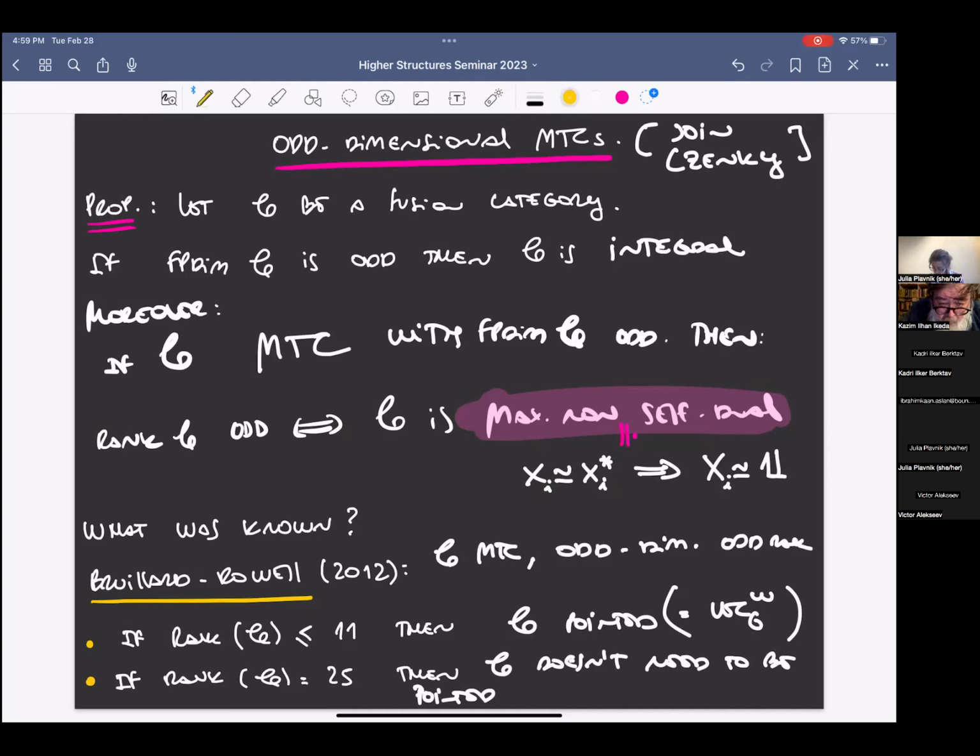And why? Because you have representations of the double of a group, and this group is Z_3 semi-direct Z_7, the non-abelian group. With this group, you can construct a Hopf algebra called the double, and this gives you a rank 25 category that is not pointed because the group is not abelian.